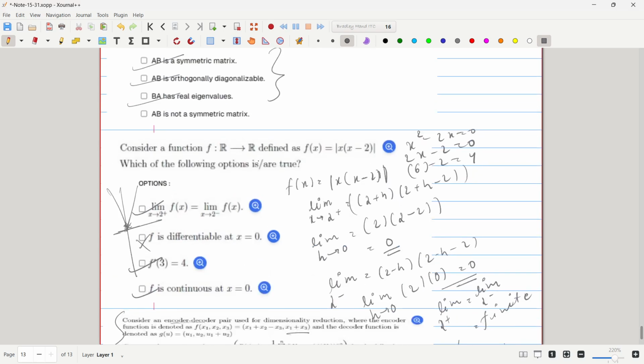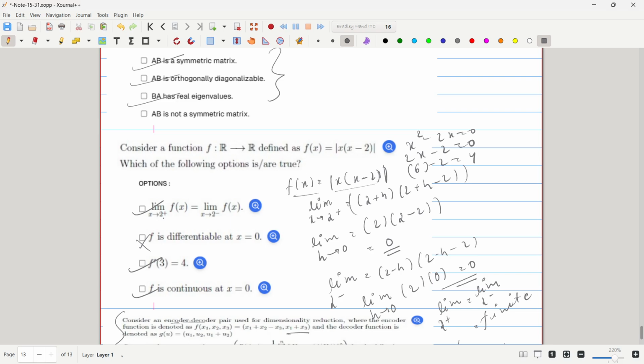The next question: you are given a function mod of x into x minus 2. First you need to find whether the limit as x tends to 2 plus is equal to the limit as x tends to 2 minus or not. So the function is x into mod of x minus 2.